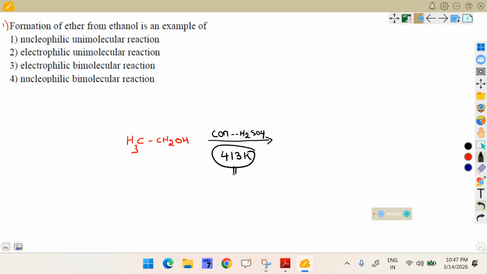Sometimes this is given as low temperature. Then it gives ethers. In the presence of concentrated H2SO4, the dehydration process takes place. Remove a water molecule, then it gives ether, C2H5 O C2H5.